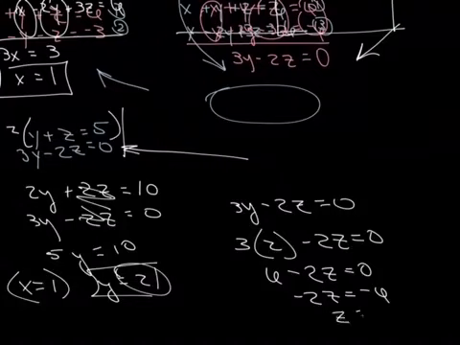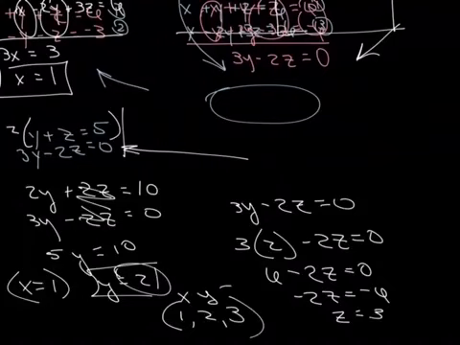So z equals 3. So my answer is 1, 2, 3. So this is my x, this is my y, this is my z, and it's written just like that. 1, 2, 3.